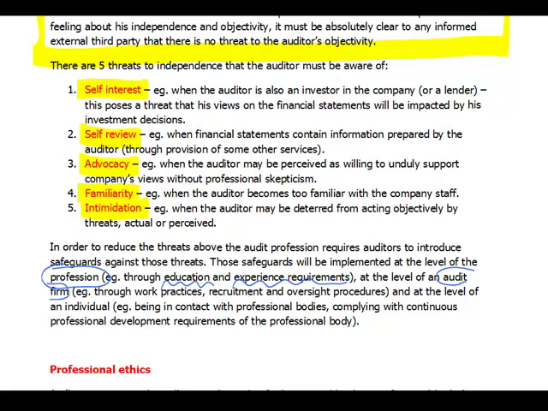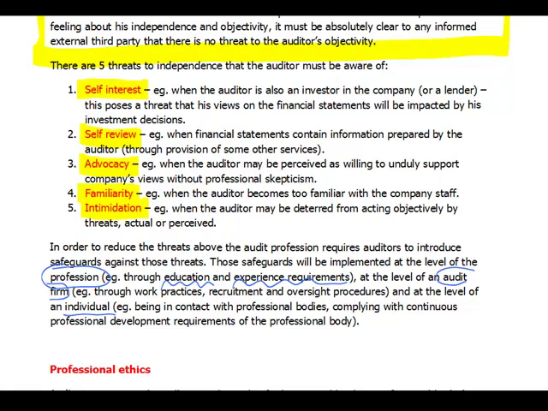And finally, the firm should impose some oversight procedures so that any case of potential threat to independence will be detected within the audit team.